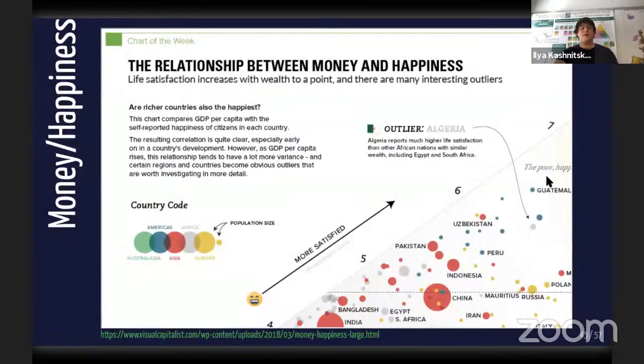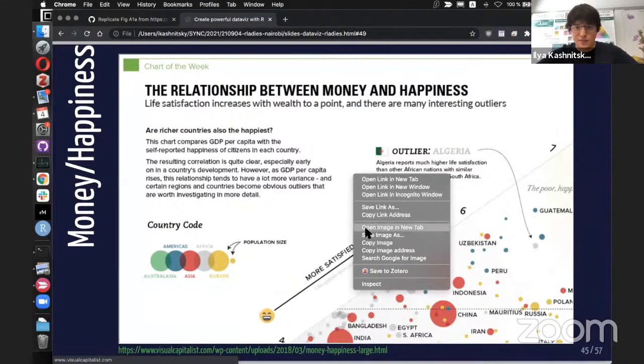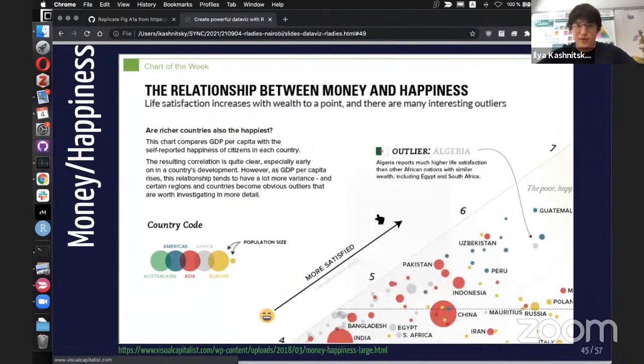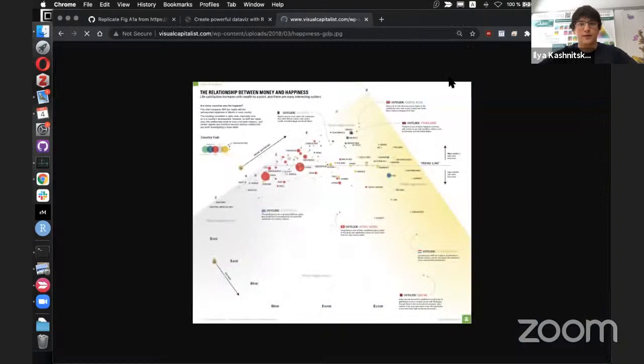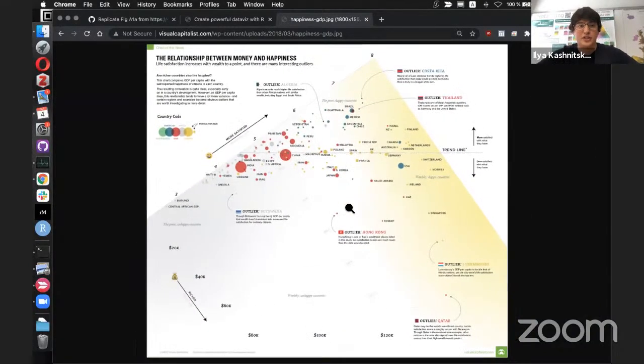Here is a nice example, and I think I would copy this image and show it separately. So this image uses an interesting non-standard trick.